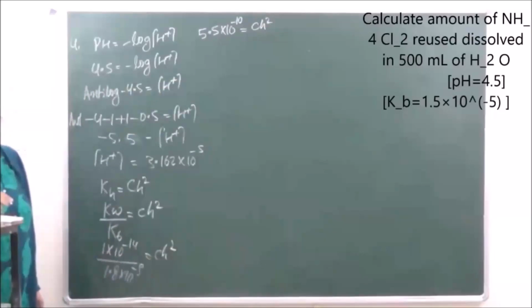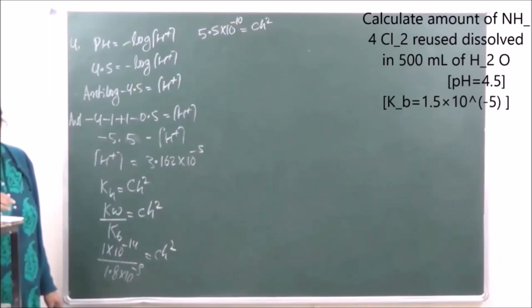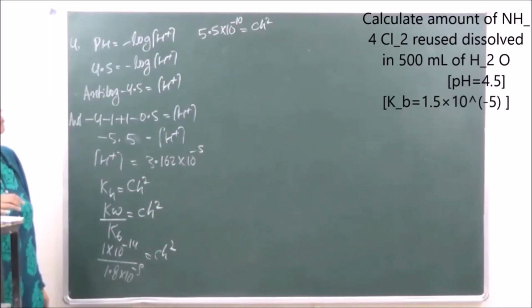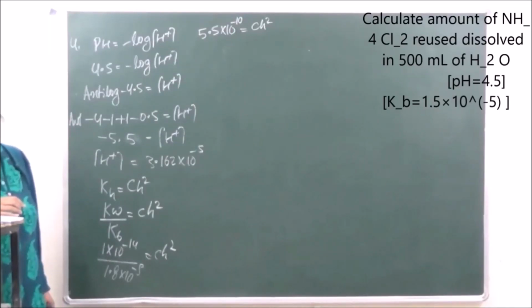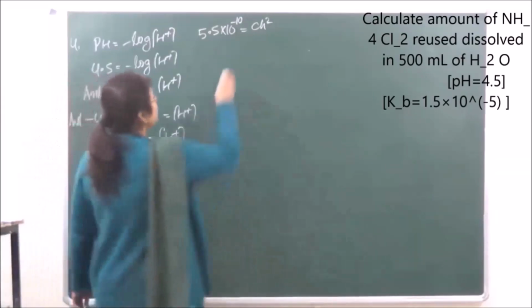So what is going to be the value of concentration? How much have they given us? They have not given us the concentration. We've calculated the concentration of H positive. Now that is going to be what? 3.162 into 10 raised to power -5 we have calculated. So we have to calculate h over here. How do we calculate h over here?